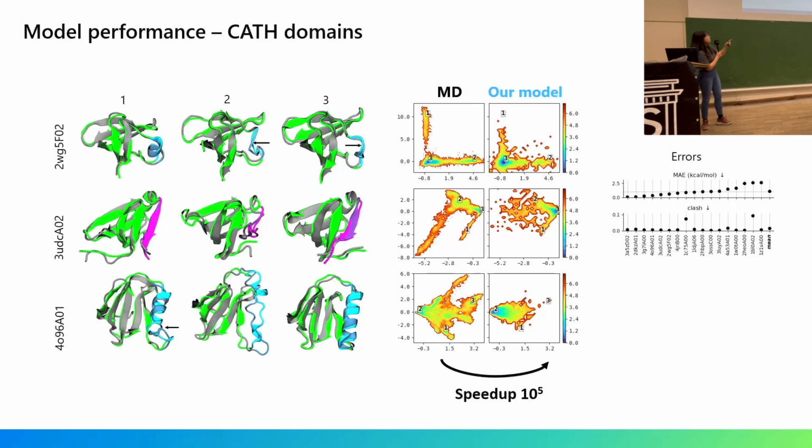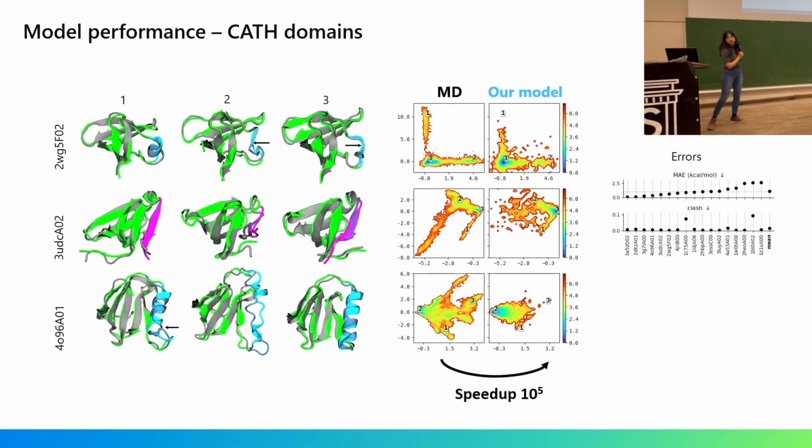The first column is from the molecular dynamics simulation, so that's the reference, and the second column is from our model. You can see we get a pretty decent agreement here, because those are all from the test set, which is below a certain similarity threshold from the training set. We managed to capture all the global minima and also lots of transition states.